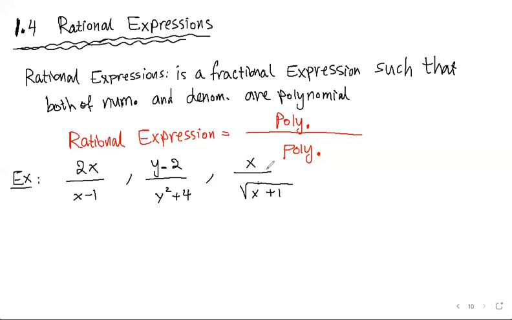No, exactly, Martin. This is not, because we have a radical. A radical is not a polynomial. A radical means the exponent 1 over 2, and an exponent of 1 over 2 means not a polynomial.